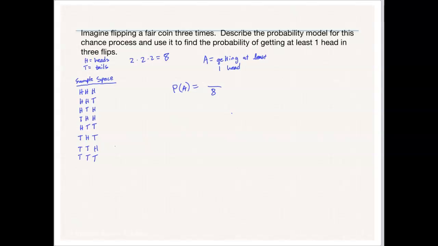All I need to do is count up how many of these have at least one head. So in the chat, how many of my outcomes have at least one head? 7, right? Basically all but one. Great, so my probability of event A is 7 out of 8.